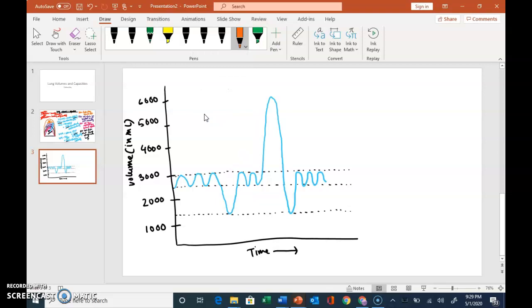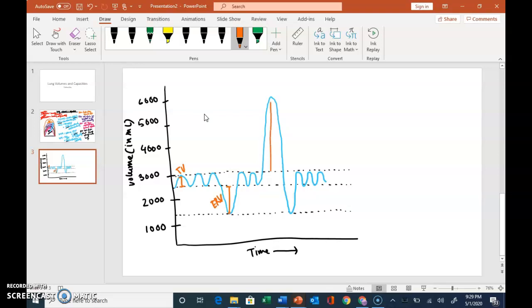Now let's take a look. This right here is your tidal volume. This value right here is your expiratory reserve volume.